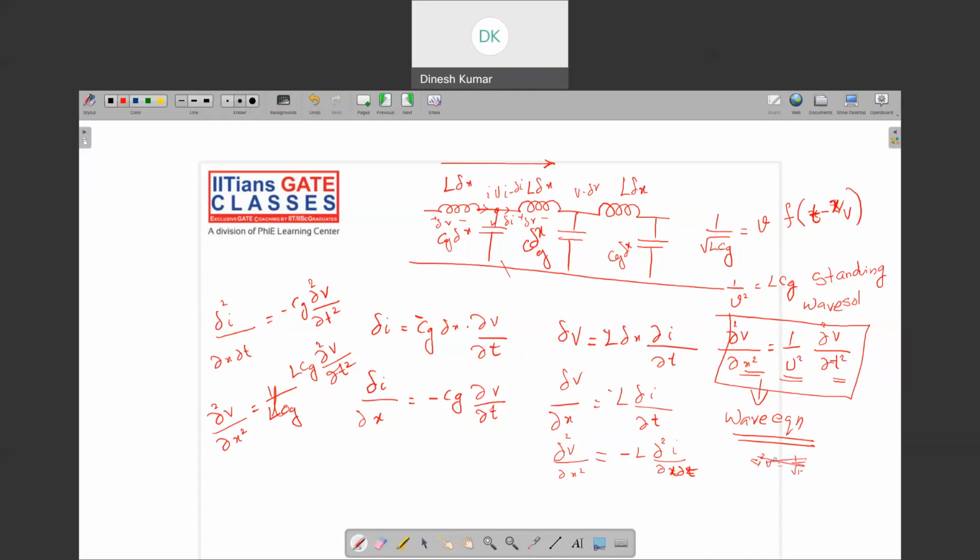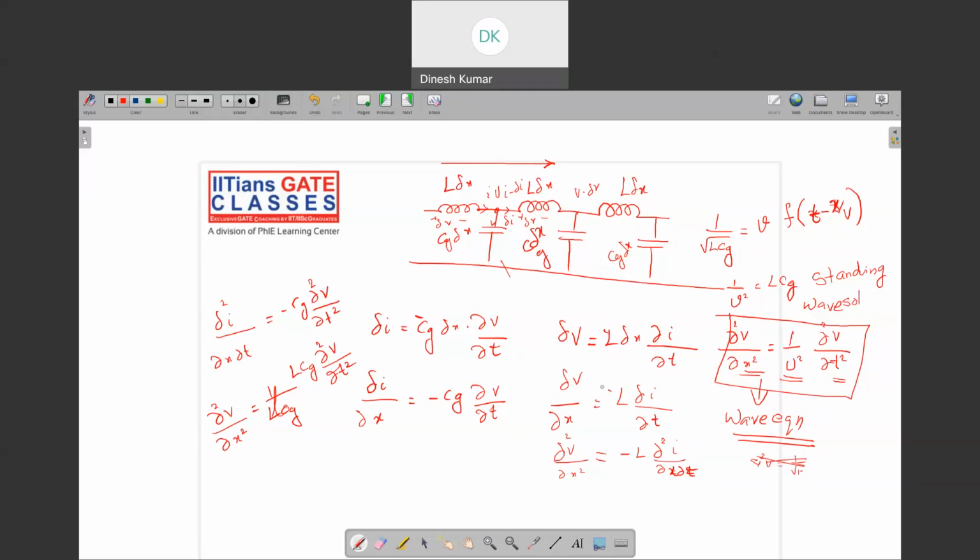That kind of equation also we can derive from this. Okay, so this is basically your distributed system. You can write all these things. So this will be helpful for your interview. If they ask to derive the wave equation for a transmission line, you can just directly derive all these equations.